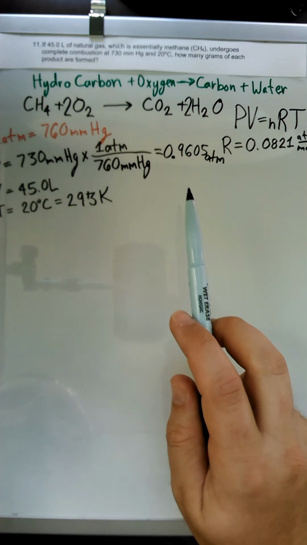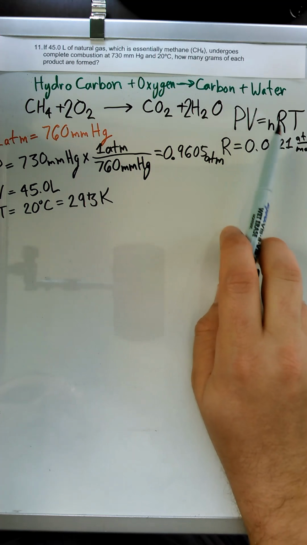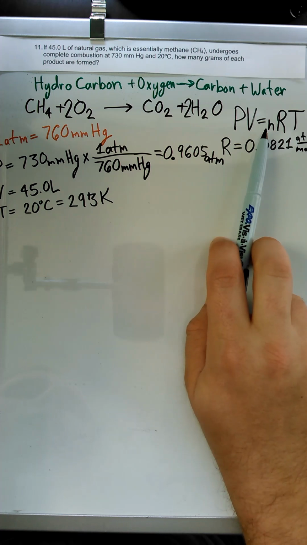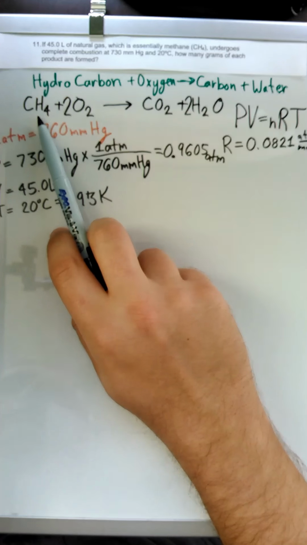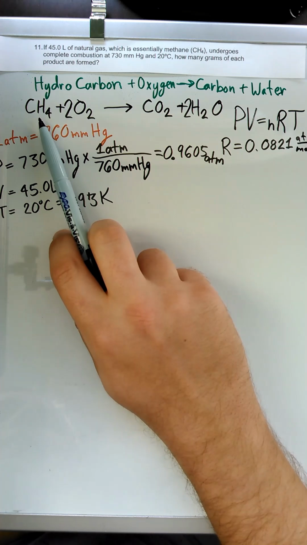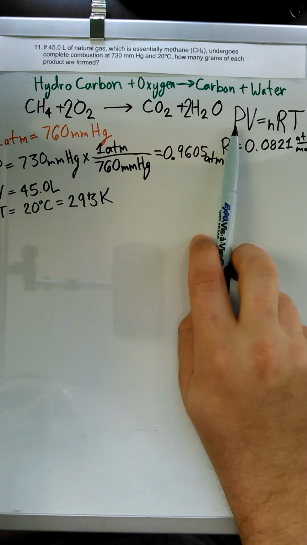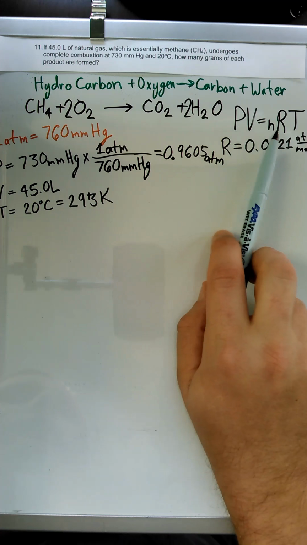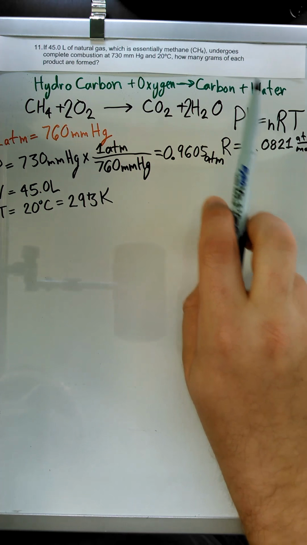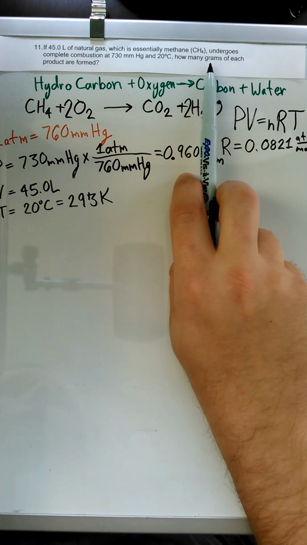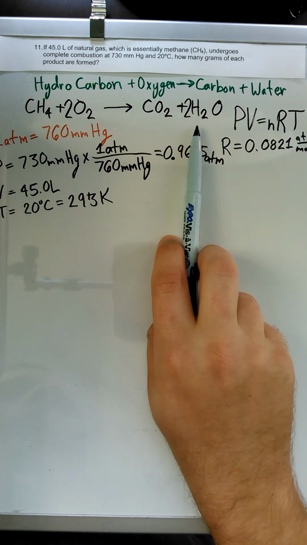We're going to take our pressure, volume, temperature, and R to calculate n, the number of moles of the methane being consumed as reactant, using the ideal gas law. Once we have that, we can use our moles of methane and do some stoichiometry to calculate the moles and finally mass of carbon dioxide and water as our products.